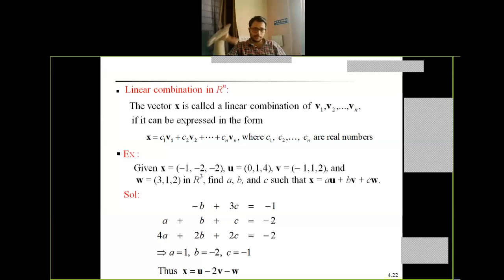So it means that the components of vector x can be expressed in the form of scalar multiples of all the n vectors.